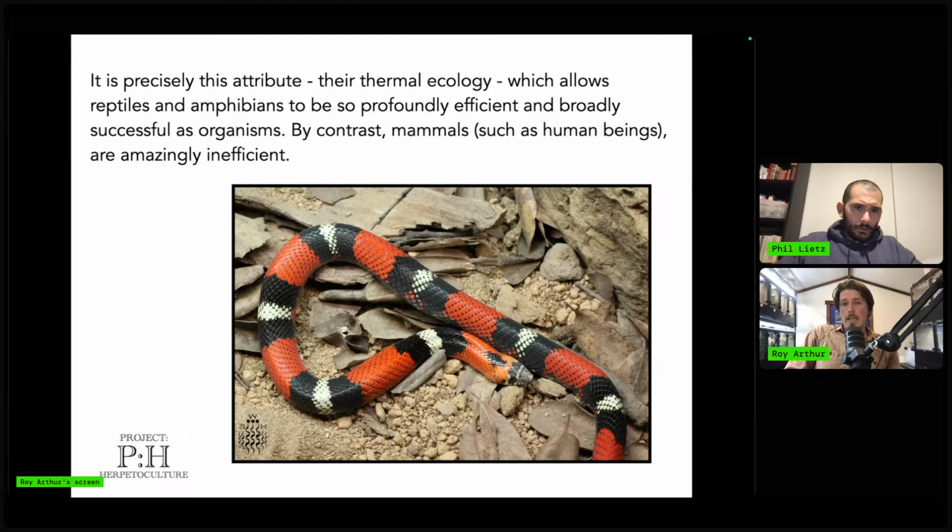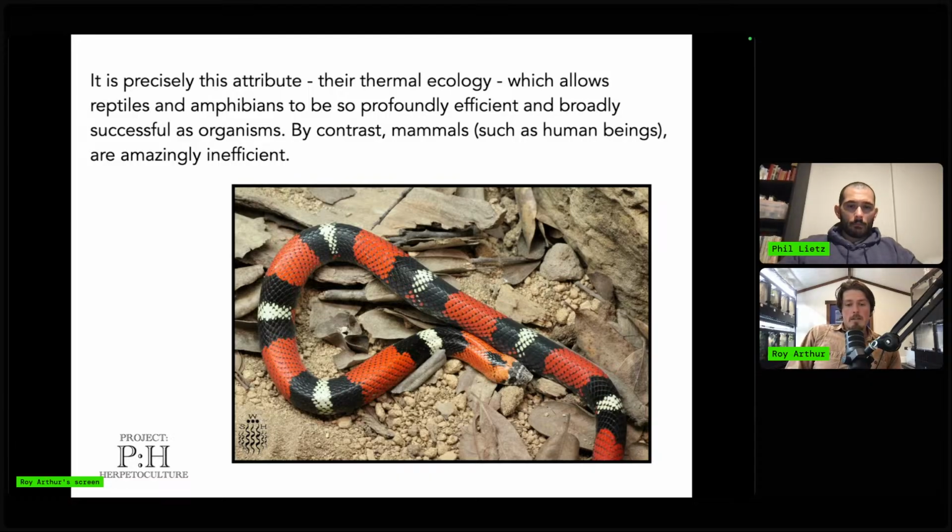And by contrast, mammals, such as human beings, are incredibly inefficient. To illustrate this, I often hear this one statistic cited quite regularly, about the breakdown of how our caloric intake can be applied to our efficiency.